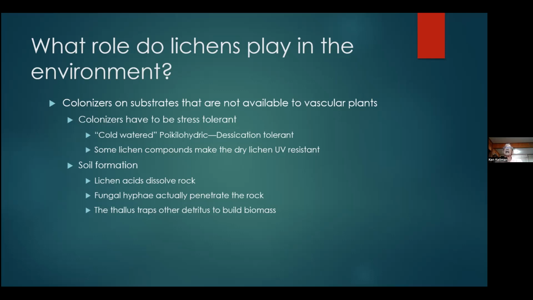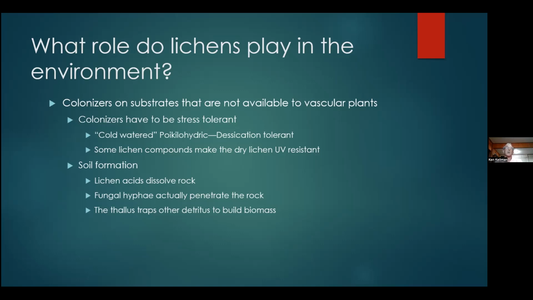What happens in California when a lichen is growing on a rock or even a tree trunk, and it's the middle of July and it hasn't rained in a month and a half, and that rock is dry or that tree bark is dry? Well, lichens have to be able to handle that situation. They have to be able to tolerate that desiccation.